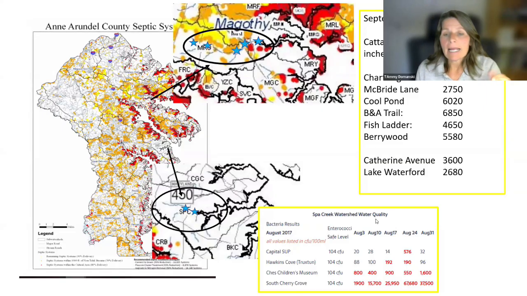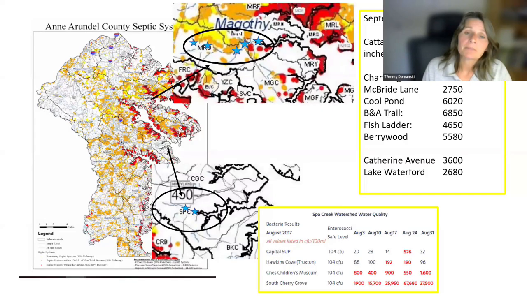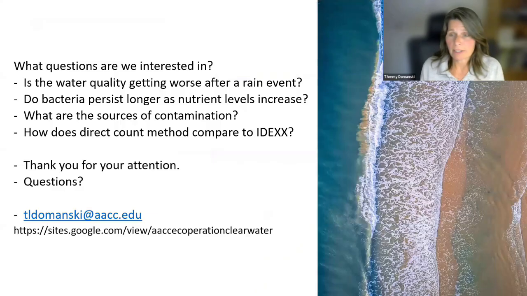And then when we look at Spa Creek, every time I think how bad it can be, South Cherry Grove, which is that upstream site, we've had numbers higher than what we had just last week. So there is the ebb and flow. We're still trying to get at what the pattern is after rain, and especially trying to understand things like what happened last week.